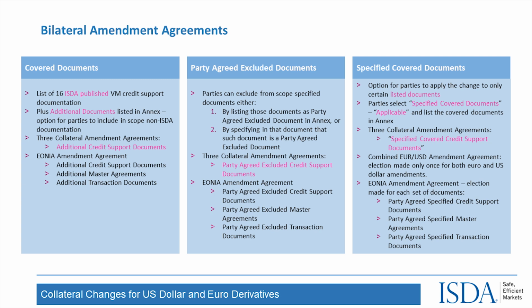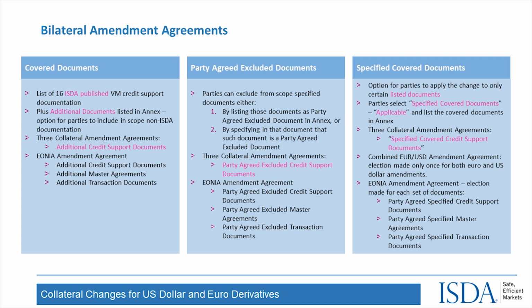So in respect of the 3 collateral amendment agreements, the 3 short form agreements, obviously the scope for including additional documentation is only in respect of credit support documents. Whereas the IONIA Amendment Agreement, which is a multi-agreement amendment agreement, allows parties to add in additional credit support documents, additional master agreements, or additional transaction documents.